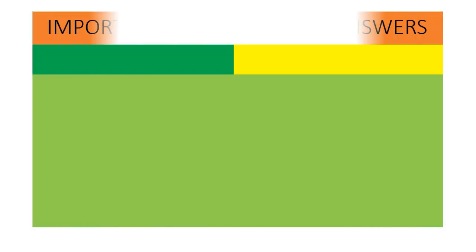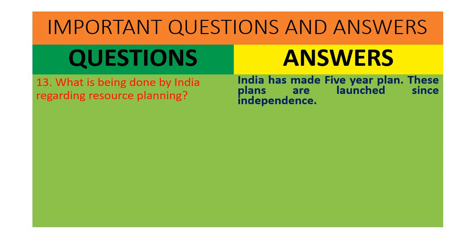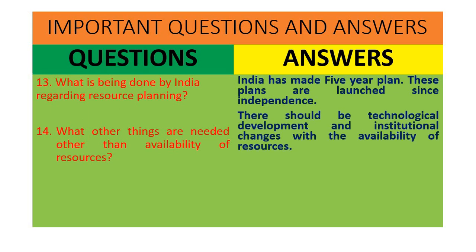Next is what is being done by India regarding resource planning? The answer is India has made 5-year plans. These plans are launched since independence. Next, what other things are needed other than availability of resources? The answer is there should be technological development and institutional changes with the availability of resources.